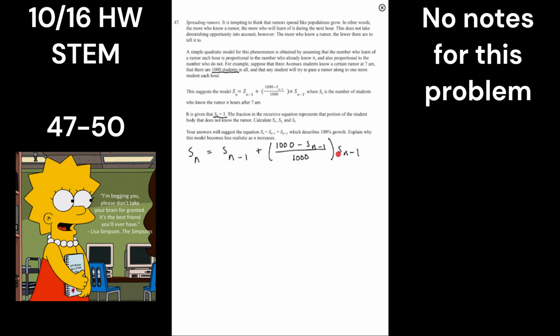Because this is in parentheses, you have to distribute the s to the n minus 1. So this would be 1,000 s to the n minus 1 minus s to the n minus 1 squared, because they're squaring, and then they're both over 1,000.